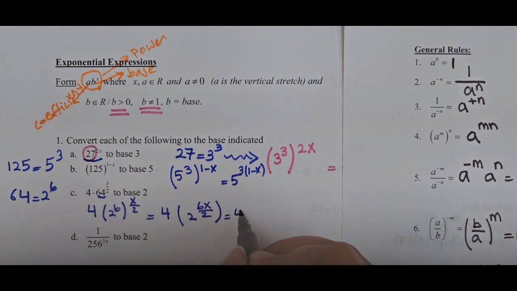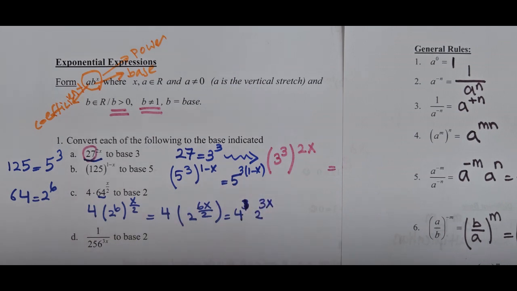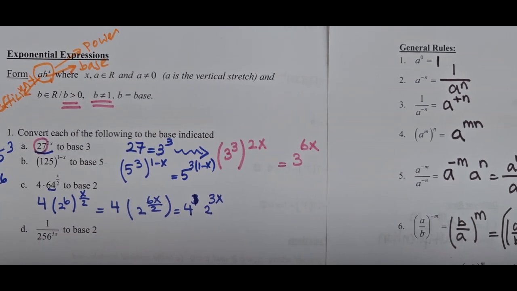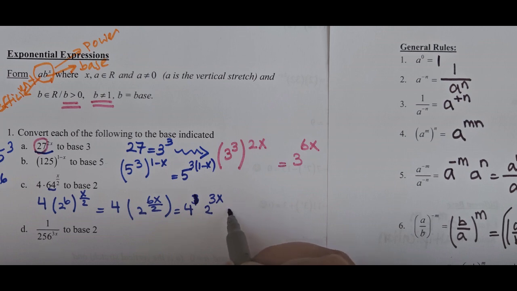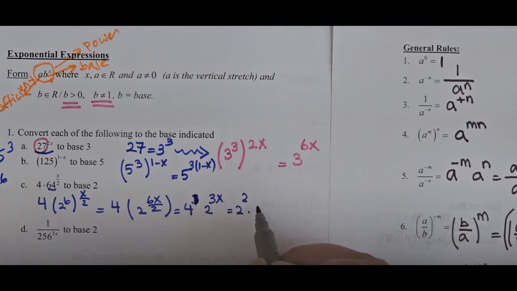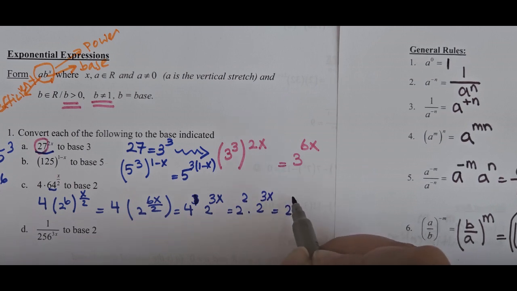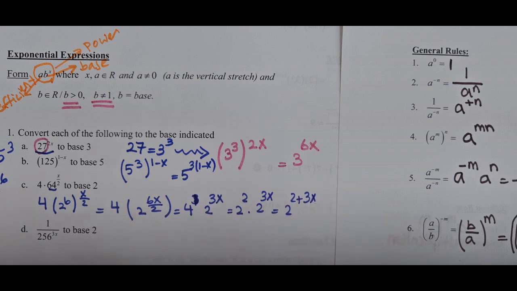This will simplify, and that would be 4 times 2 to the power 3x. So 4 to the power 1, I can rewrite it as 2 to the power 2, and then simplify it. I have the same base, so I will just add the exponents together.